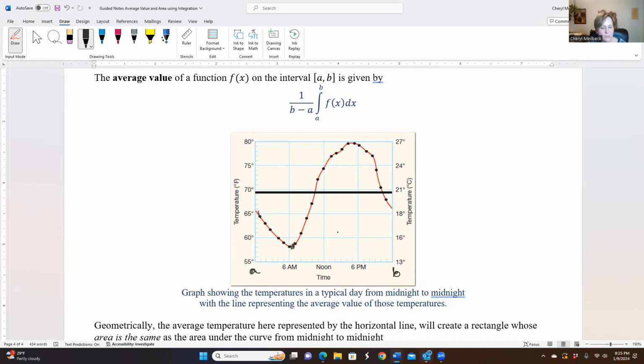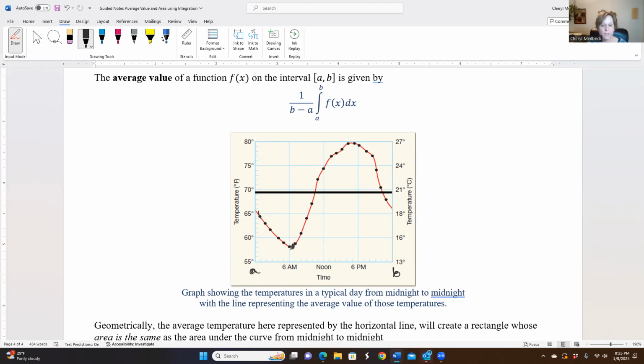But the variable is continuous, so you can't add up all the temperatures. If you took a temperature at 6 a.m., you'd be at around 58 degrees. But then would you go to 6:01 a.m., 6:02 a.m., 6:02 and 30 seconds, 6:02 and 32 seconds? It's a continuous variable.